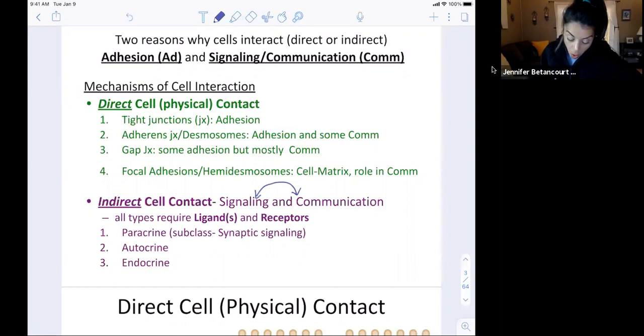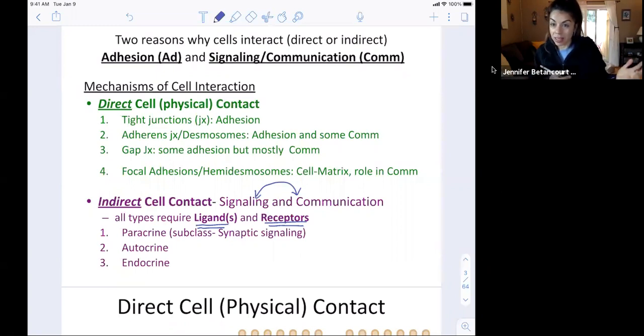All right, so all of these types of interaction, if it's indirect and the cells are not actually touching, they require ligands and receptors. So something is going to be binding to a protein. That's what starts the line of communication. So it's kind of like the subject line, and then you hit open, right?